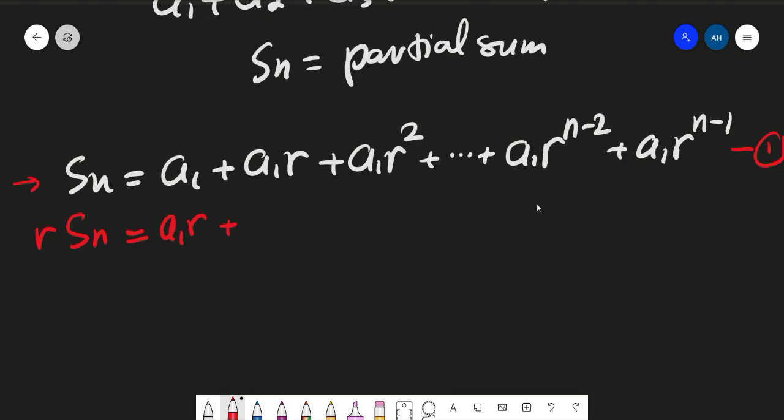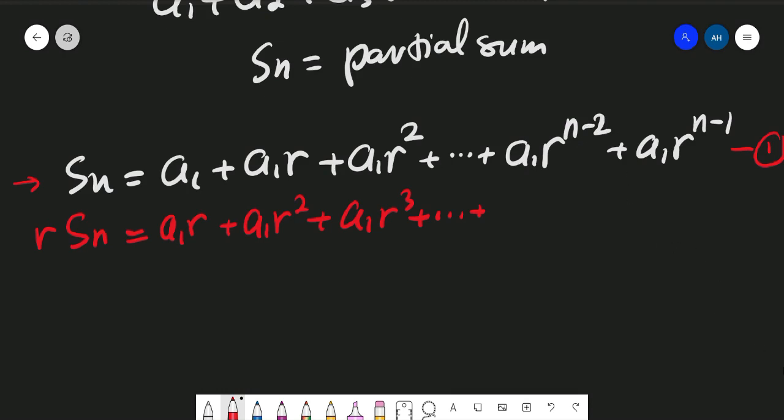Now the third term will be a1 r cube, and so on. We can continue the process up to a1 r to the power n minus 2 multiplied by r. The power of r here, that is n minus 2, we have to add 1, so the power of r will be n minus 1.